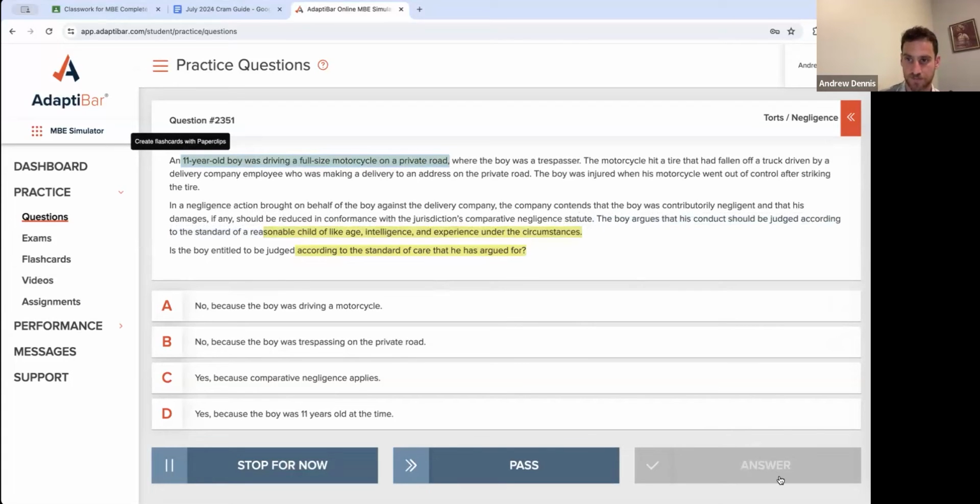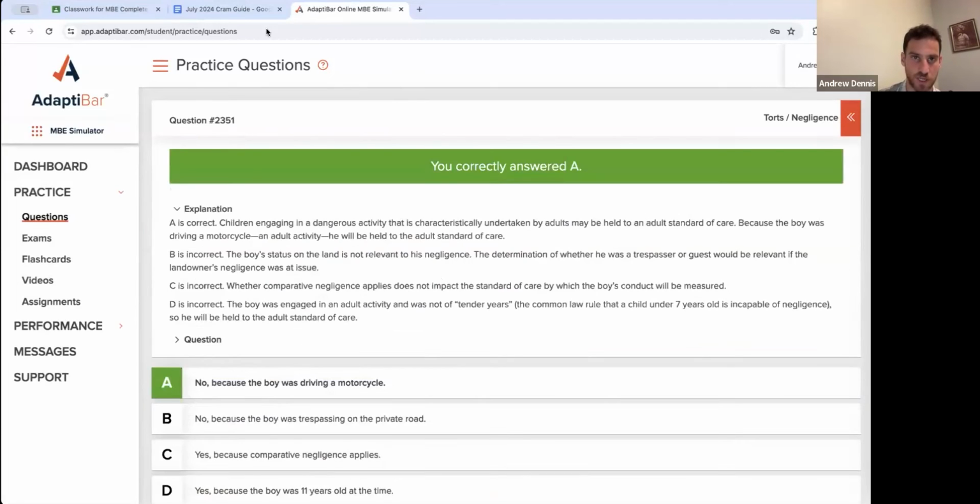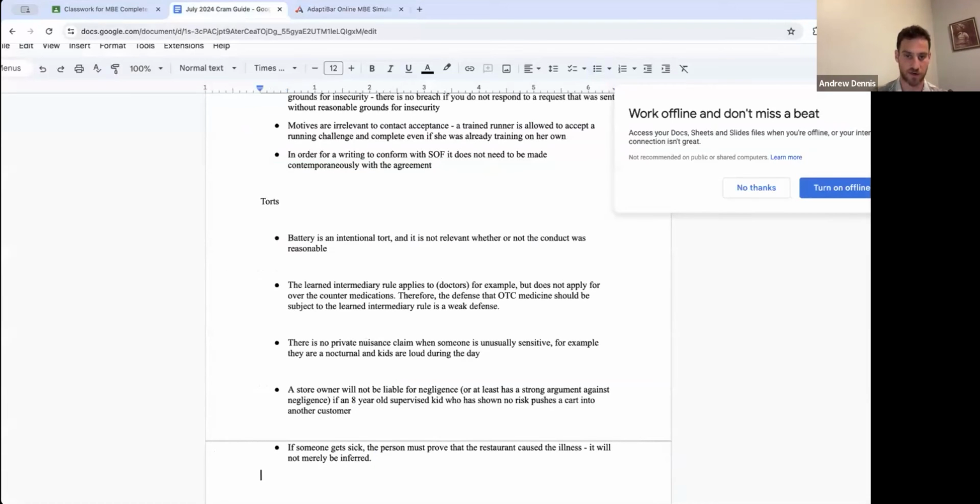So I think that's why the majority of the class is leaning towards A, because he's doing an adult-like activity. This is day one, chapter one, torts: if a kid is driving a motorcycle, he will be held to an adult-like standard of care.